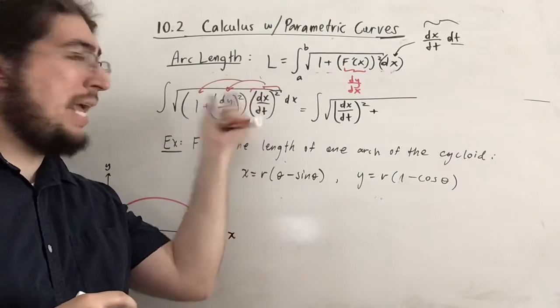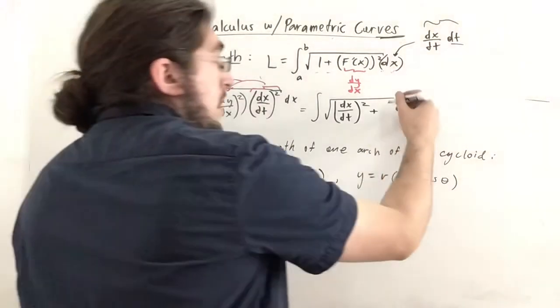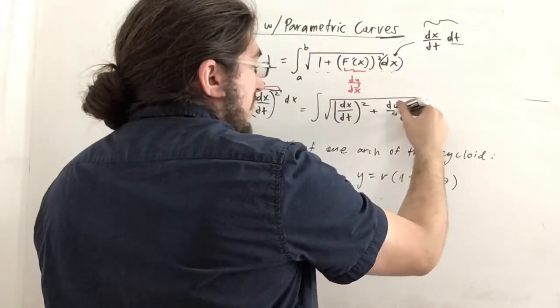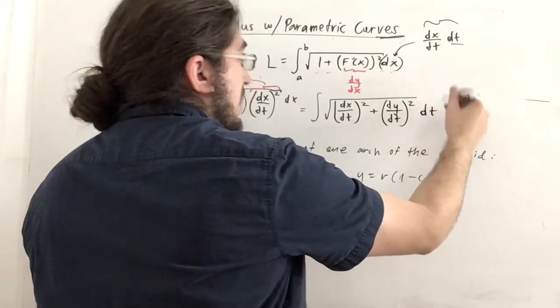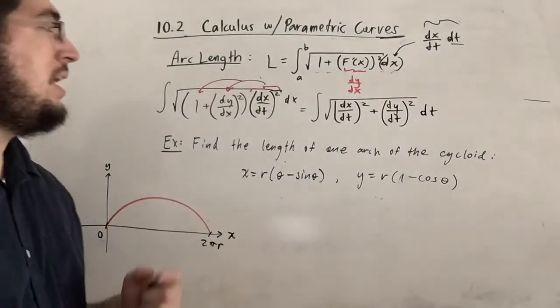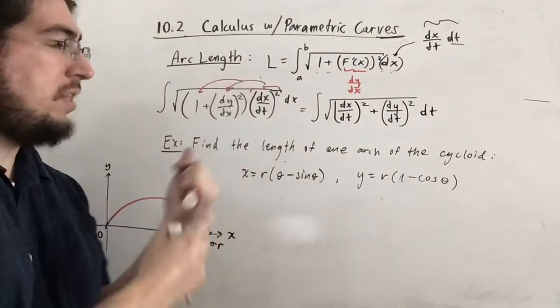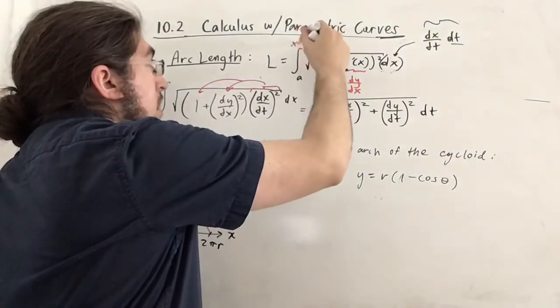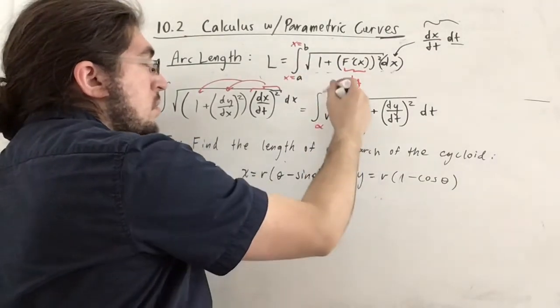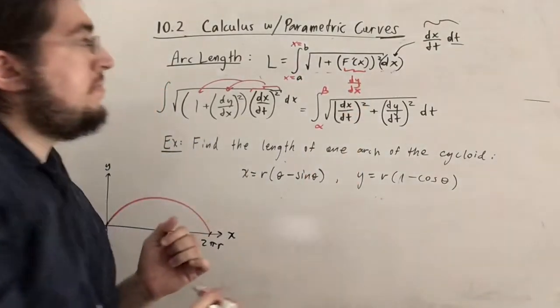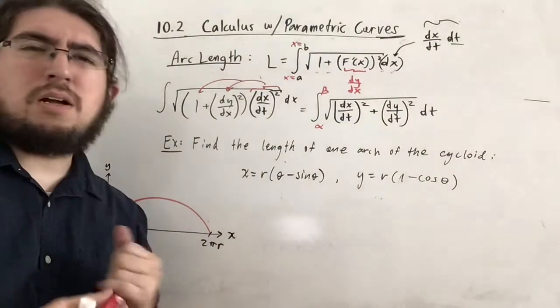The dx's will cancel, so we have dy over dt only. I'm leaving out a little bit of details, but that's basically what you get. And that dt is on the outside of the radical. And of course, since these are x values technically, a and b, they're now changed to t values, which we'll call alpha and beta.